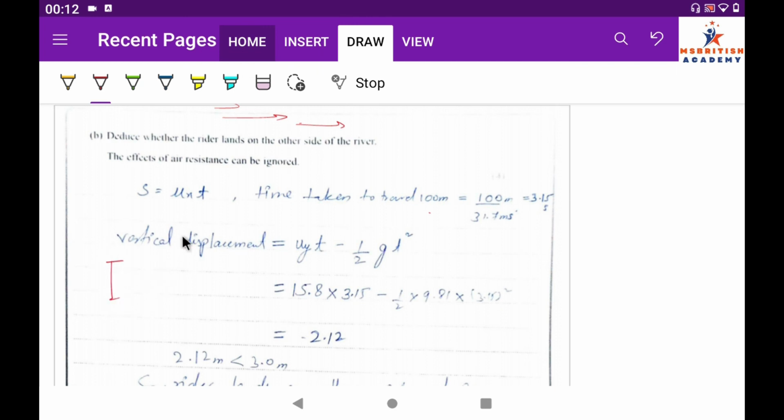In 3.15 seconds, how much will it cover in vertical distance?